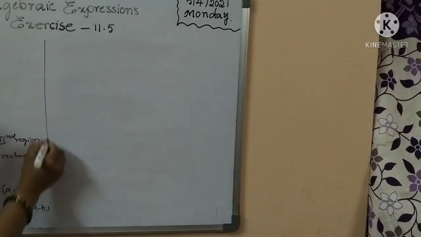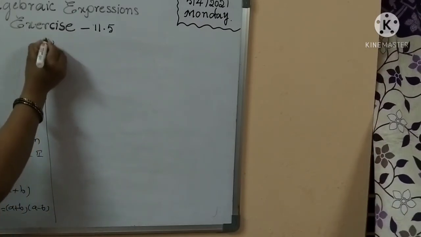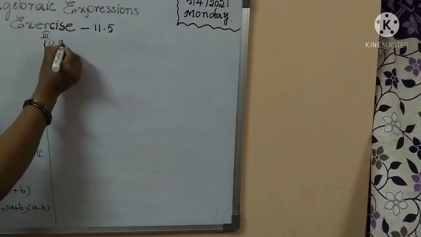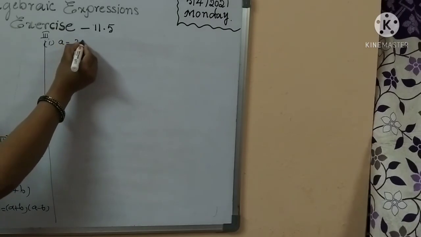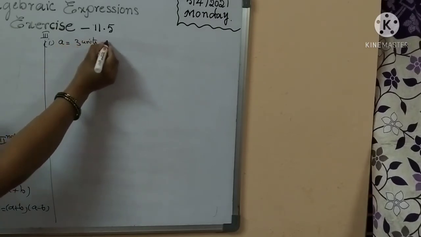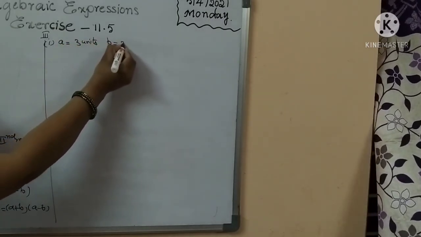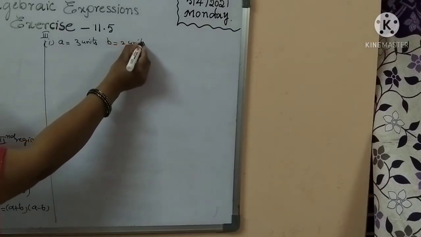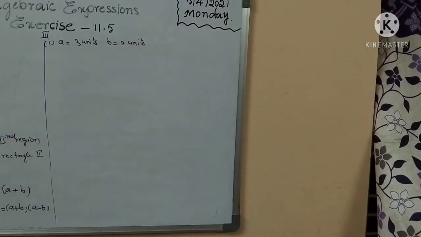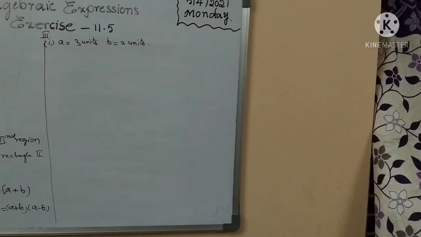Here a is equal to 3 units and b is equal to 2 units. At the same time, draw the diagram like this only. Understand?